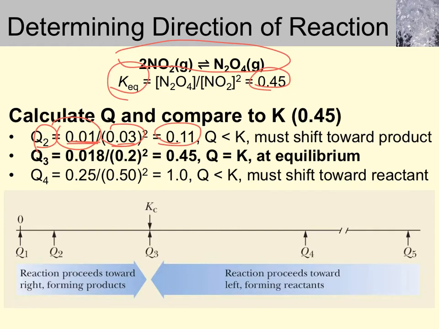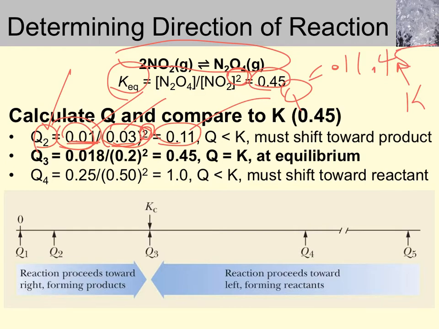The first thing you would have to do is calculate Q, products over reactants. When you're plugging in the values for concentrations, don't forget your coefficients, so this 0.03 has to be squared. Once you get the value for Q, you then compare it to K. So in this case, Q is 0.11 and K, as they told us, is 0.45.